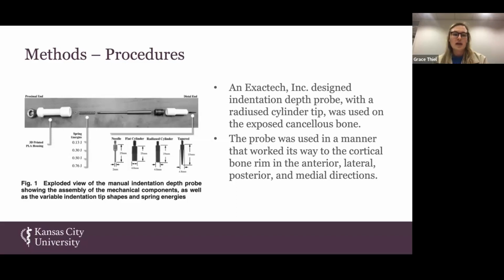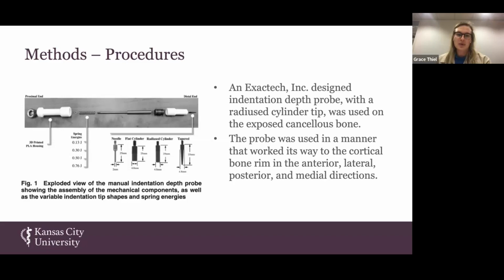So we used the radius cylinder. We incorporated this over the flat cylinder because it had a little bit rounder end. We thought that would be more accommodating for the bone. And then, like I said, we started with the smallest force of spring that we were provided. We were provided this device through the engineers that were a part of these studies. They had 3D printed a device and were willing to supply us with the device that they used for their testing purposes.